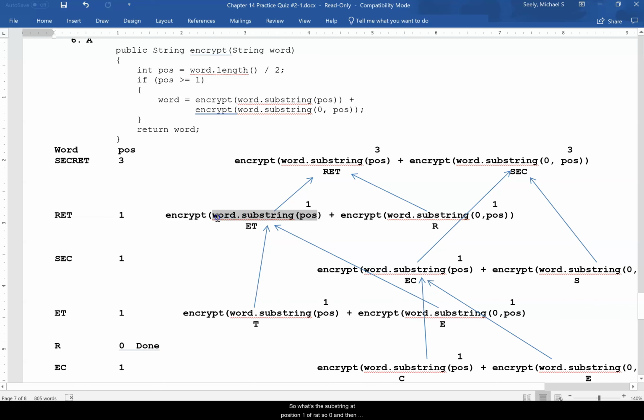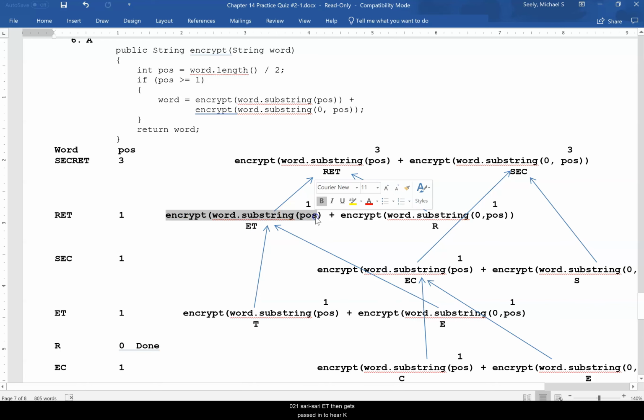So what's the substring at position 1 of ret? So 0 and then 1, position 1 to the end is E and then T. Okay, and then the substring 0 to 1, so 0 to 1 is R, so R gets passed into here. Okay, so let's see here.